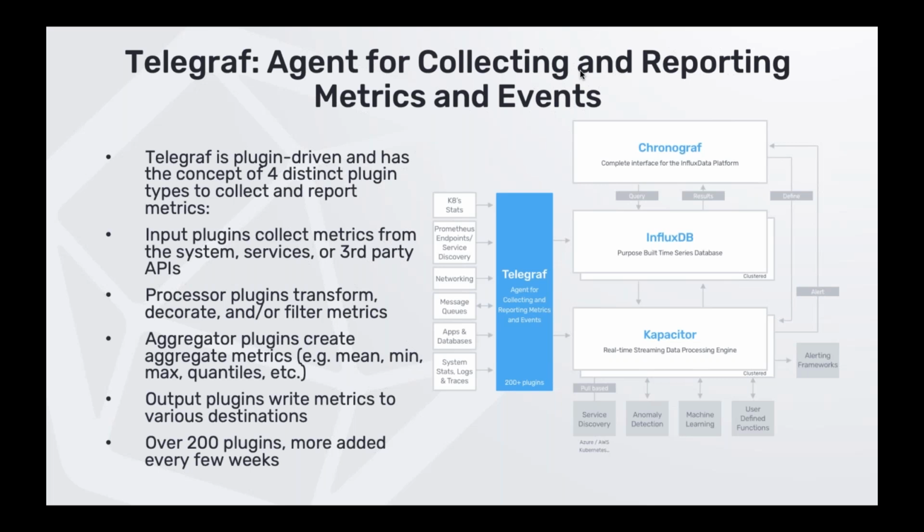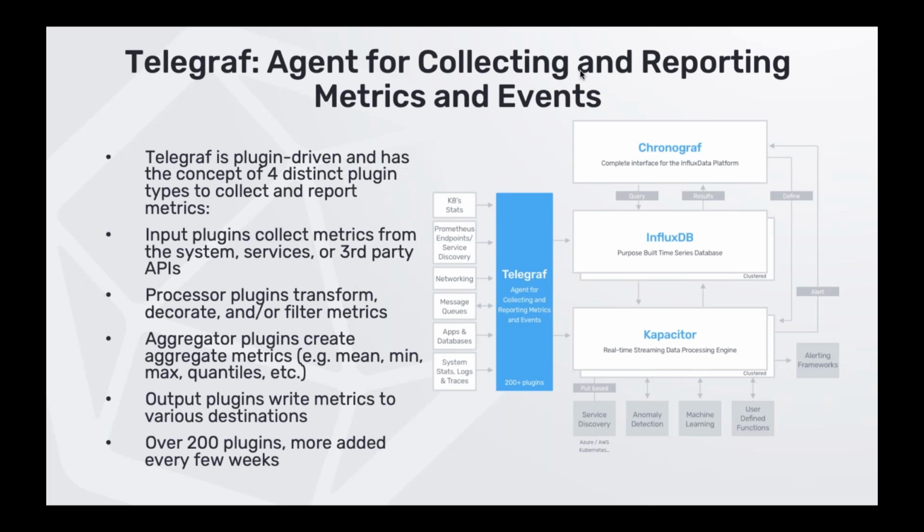Telegraf, like I said, is our agent for collecting and reporting metrics and events. It's a plugin-driven open source project. What it does is it'll grab data that you're collecting from any number of sources. We have 200 plugins that are pre-built that you can use, or you can build your own plugin to pull in from legacy applications.